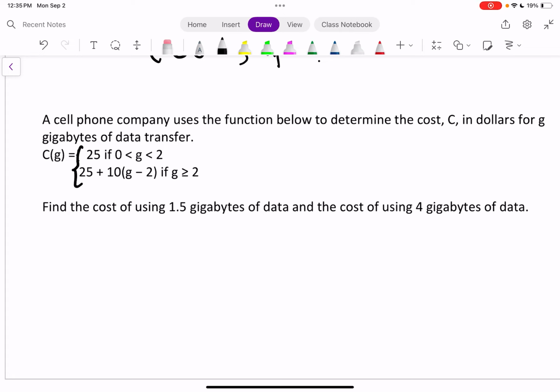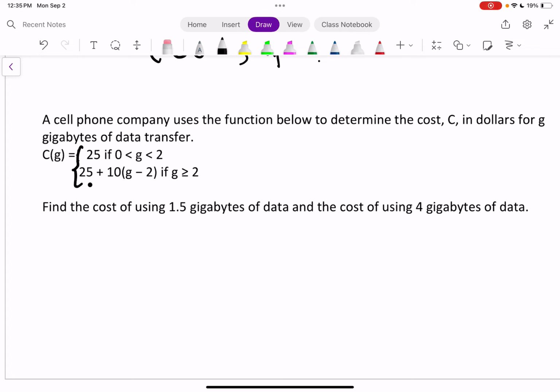So if you transfer G gigabytes of data and G is between 0 and 2, you're going to pay $25. If you're going to transfer more than 2 gigabytes, basically what it says is you pay your $25 for the first 2, and really for every gigabyte after that you're going to pay another $10 per gigabyte.